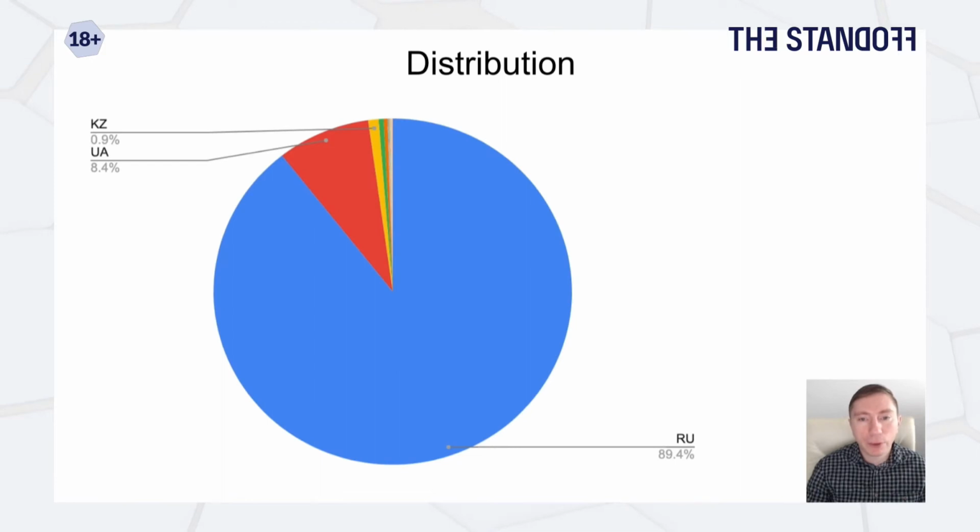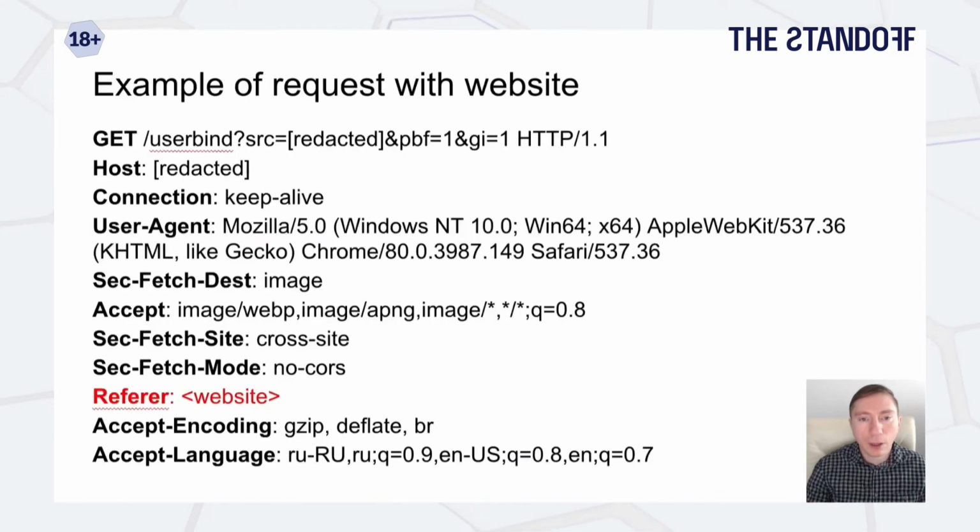As a country distribution, as expected, Russia was in first place with close to 90% of those IPs. And this is an example of a request that we were receiving in that particular case. And from the referrer field, we were able to extract those website statistics.